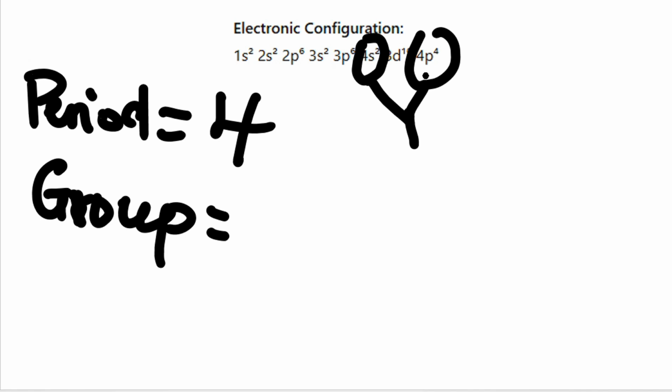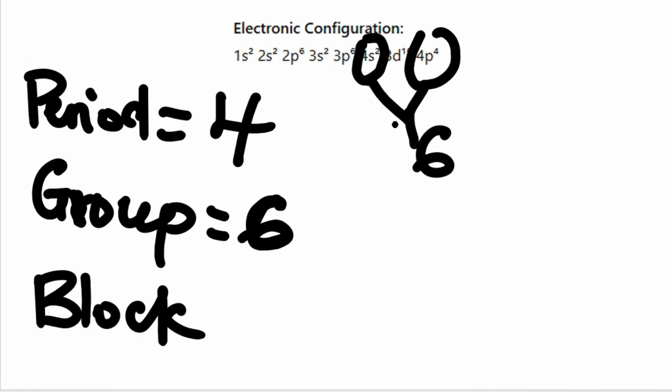So the total number of electrons from the fourth shell is 6, so the group number is actually group 6. So what is the last shell? Let me go to block.